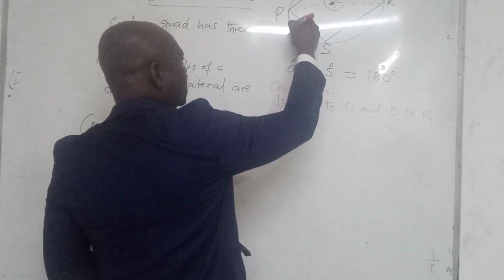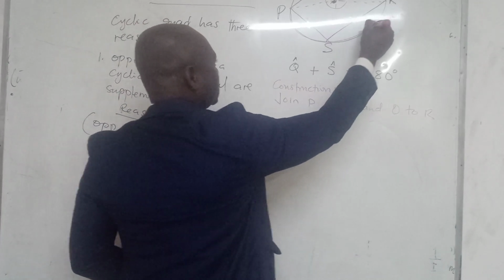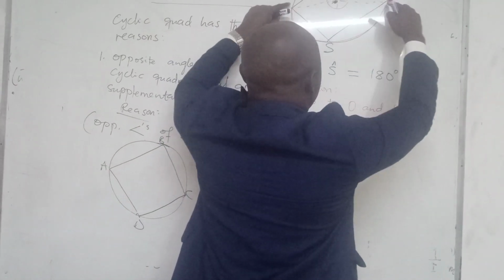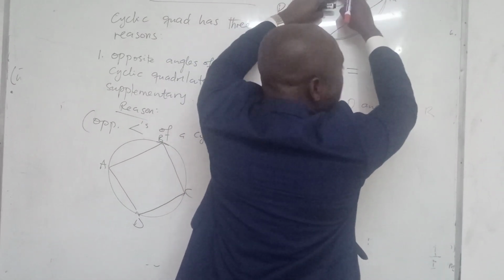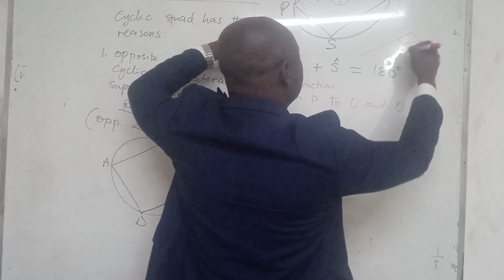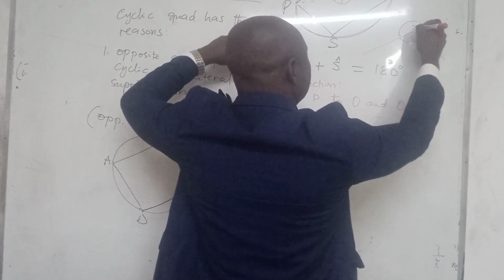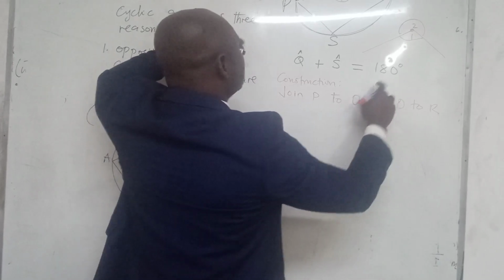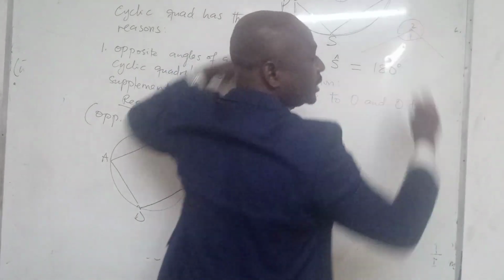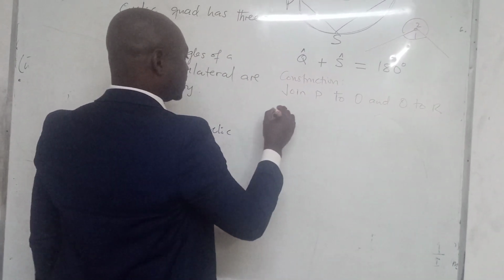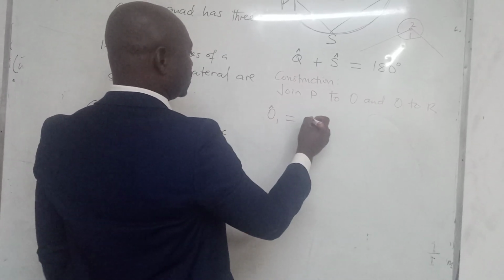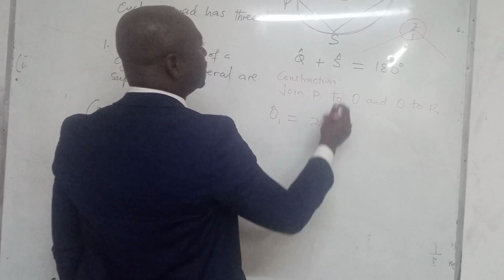So when I take this arc here, the arc PR, it forms this angle O1. Are you following? The arc PR forms angle O1. Angle is formed when two lines meet. This is angle O1. And then angle O2. Can you see that? So the arc PR forms angle O1, and at the same time it forms this angle on the circumference, which is Q. So we will say that angle O1 here is equal to 2 times which angle?